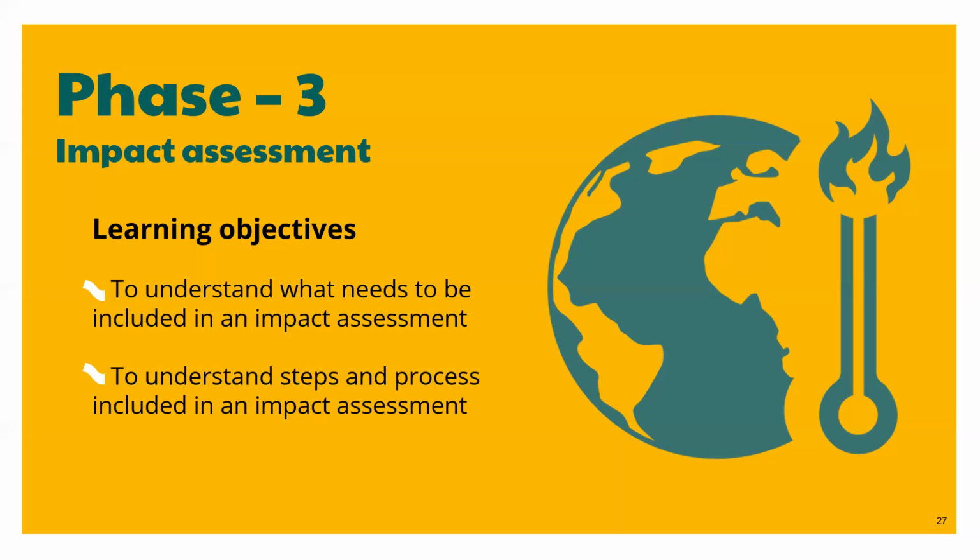And in the second phase, we have seen life cycle inventory. Once we have integrated these two pieces of information together, we have to conduct an impact assessment of your selected product. So this is the third stage of your life cycle assessment.